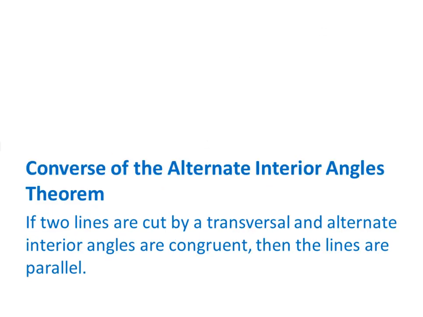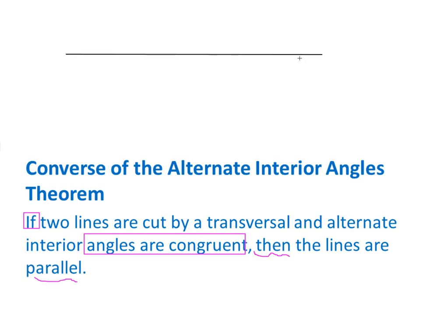If the lines are, well, you have lines, you don't know if they're parallel or not, but we know that the angles are congruent. So if the angles are congruent, then we know that the lines must be parallel. So if we have these two lines, we're not sure yet if they're parallel or not. They look like it, but we're not sure.